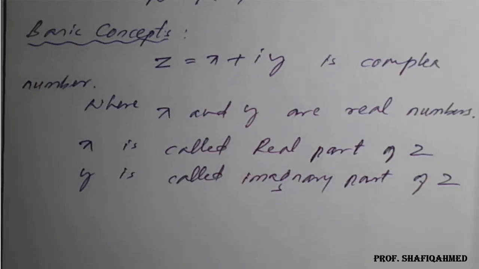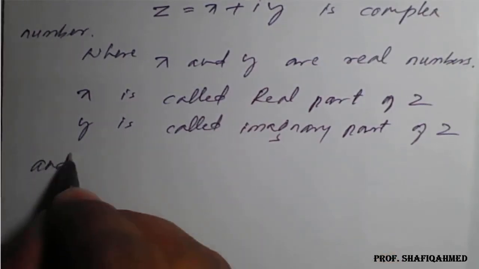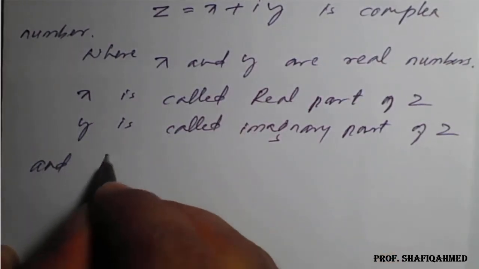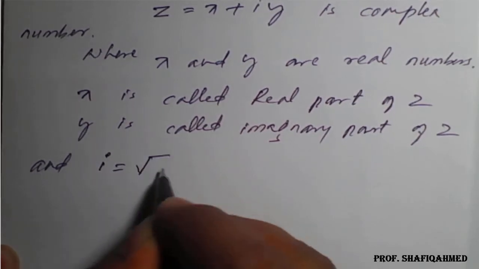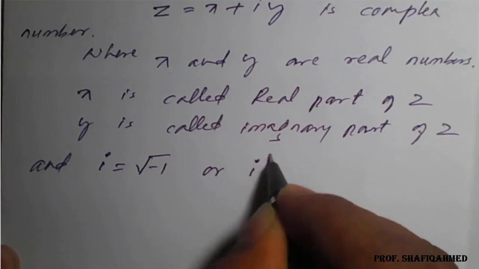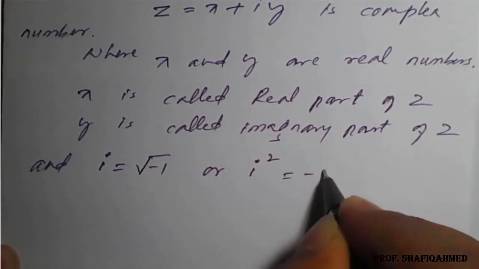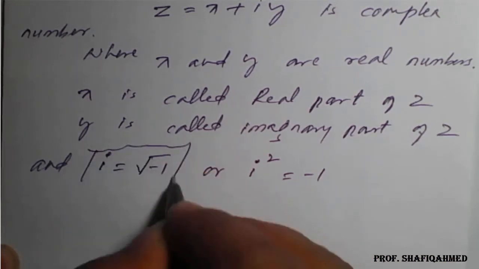So next, one more thing. Always i is nothing but root of -1, or i square, if you square this one, i square will become -1. These two values you have to remember.